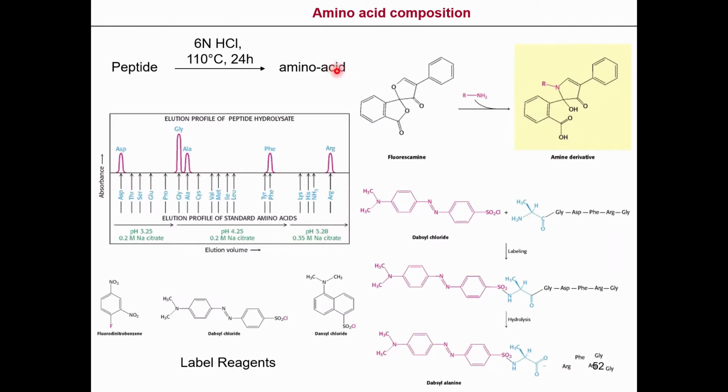So we saw that we can analyze this by electrophoresis, but here we can use another technique, which is chromatography.